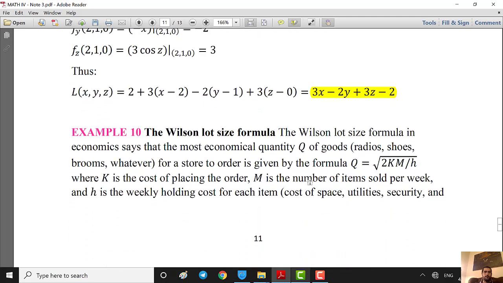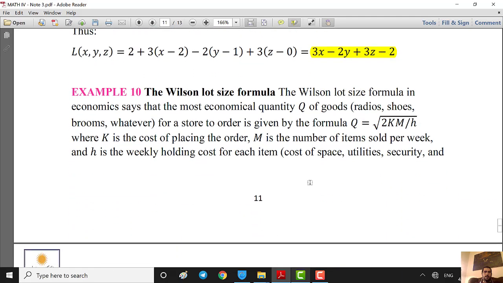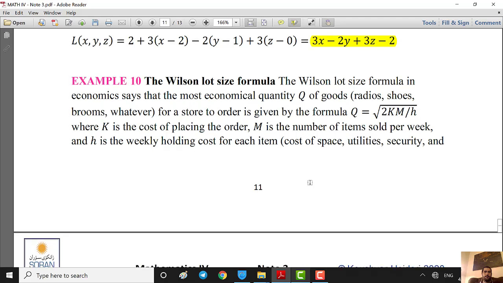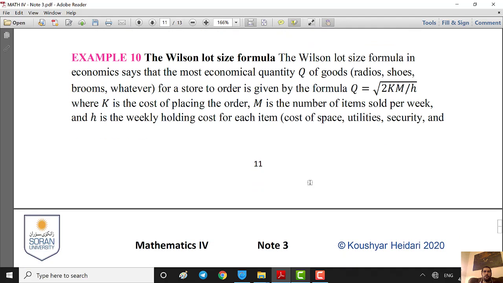Now, example 10 is an example on the generalization of the concept of total differential, and sensitivity analysis for a function of more than two variables.